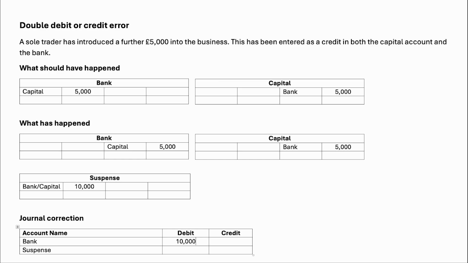That would in effect reverse the 5,000 credit and enter it in as £5,000 on the debit side as it should have been in the first place. Then in the suspense account, we want to credit the balance for 10,000, which would reduce it down to nil. So again, similar to a single entry transaction, where you have a double debit or double credit error, it's going to create a suspense account, and that will always therefore be involved in the correction of the error.